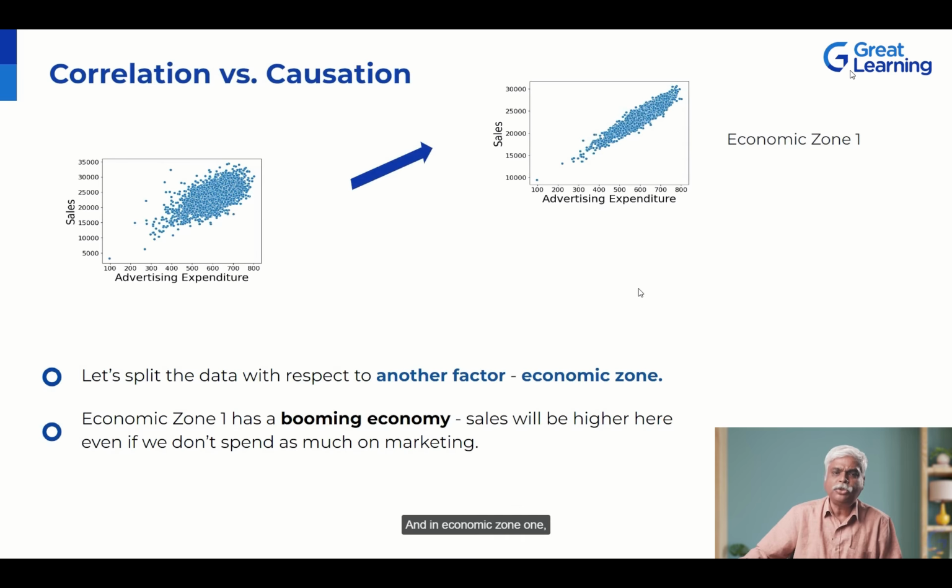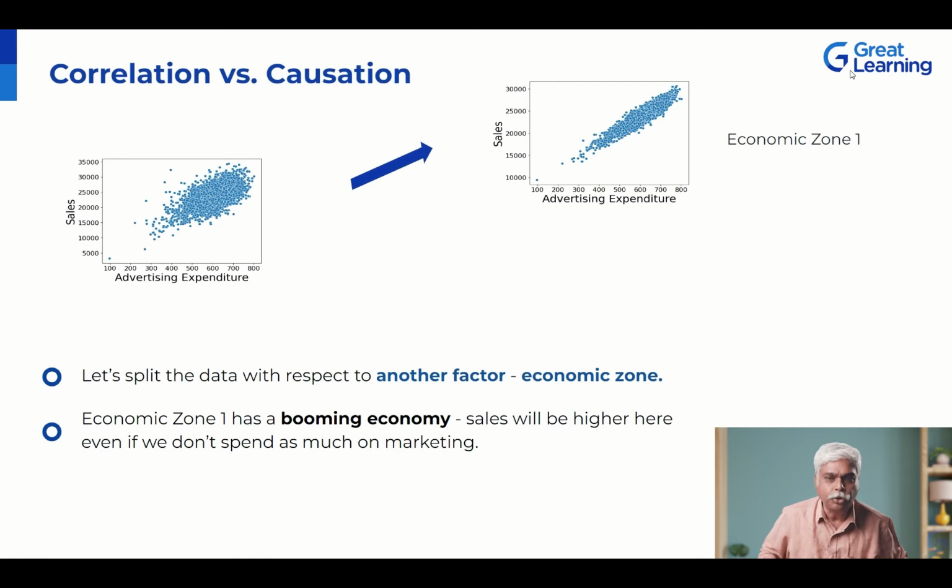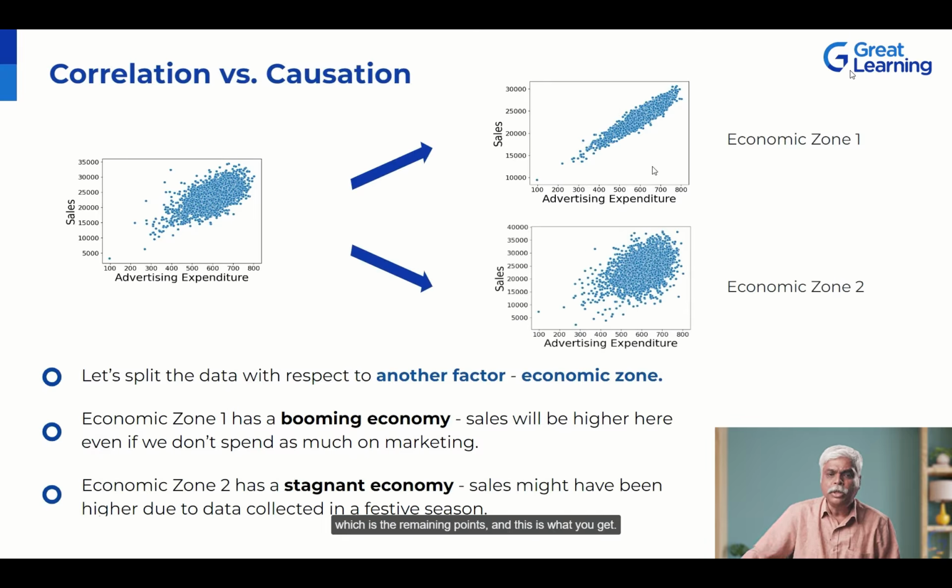And in economic zone 1, let's say this is what the relationship is. Remember, every point represents a region. So I'm going to take these regions and divide them into multiple zones, say 2 zones, zone 1 and zone 2. So look at all the points that are in zone 1 and plot them. And let's say this is what you get. And now let's take a look at zone 2, which is the remaining points, and this is what you get.